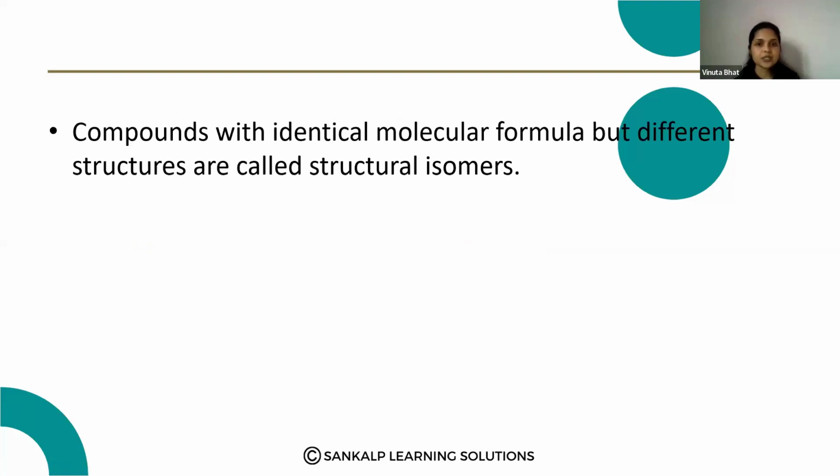The compounds have the same molecular formula but different structures. For example, butane C4H10 has different structural isomers, but the formula is the same for all these structures. That is called isomers or structural isomers.